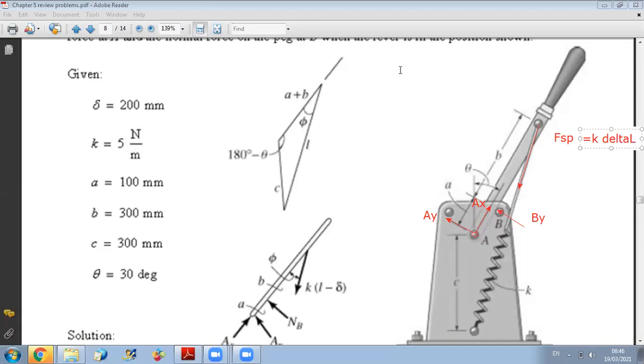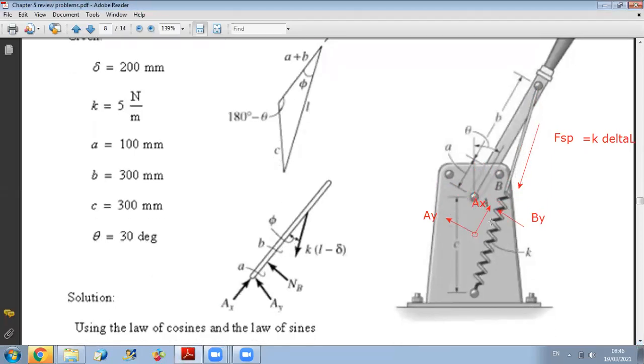So let us look at the figure to see how to calculate the value of L. If we look well at the figure, we need to find this distance. This distance is in a triangle. I know that from here to here it's C, and from here to here it is A plus B.